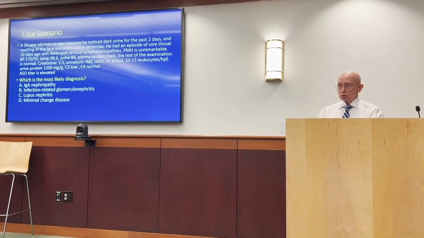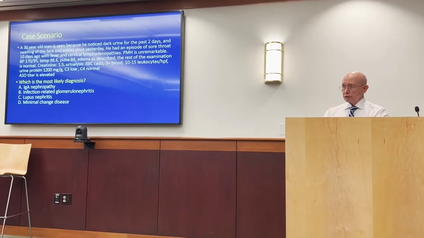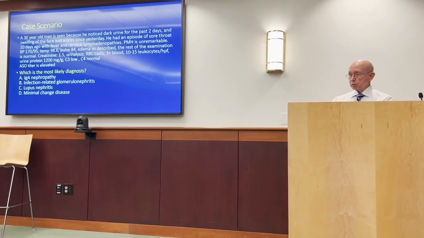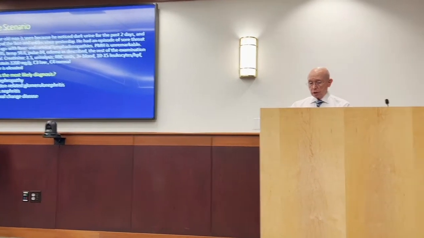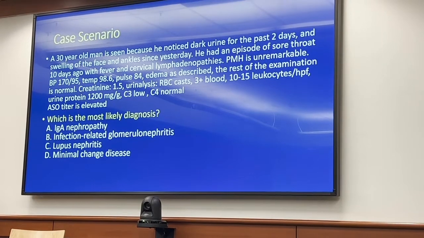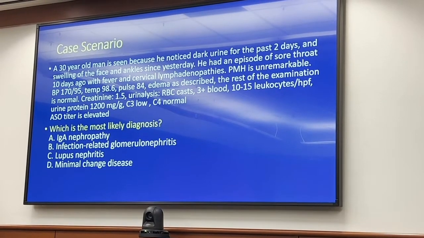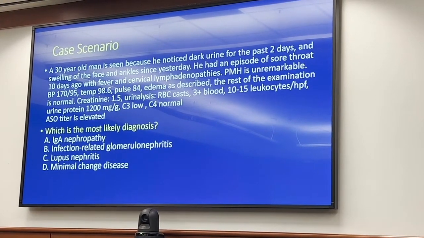The patient gets the sore throat and within 24 hours, these people usually start having macroscopic hematuria. Also in IgA nephropathy, the complement is going to remain normal. So that would be the closest one. Lupus, the patient is lacking everything else for lupus here. Minimal change disease is a nephrotic syndrome. So this is a patient with an infection-related GN.